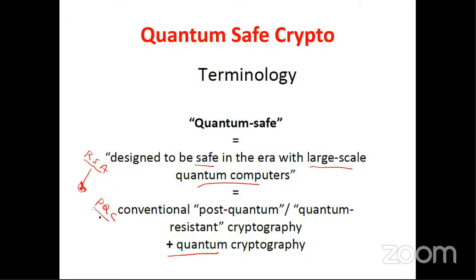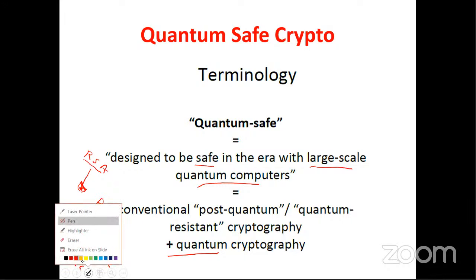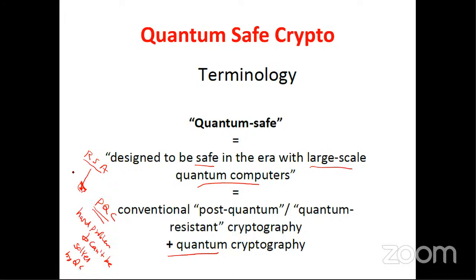So these systems are based on hard problems that cannot be solved by a quantum computer. They will work on classical computers only, but they will replace RSA kind of systems, and they are based on different hard problems.